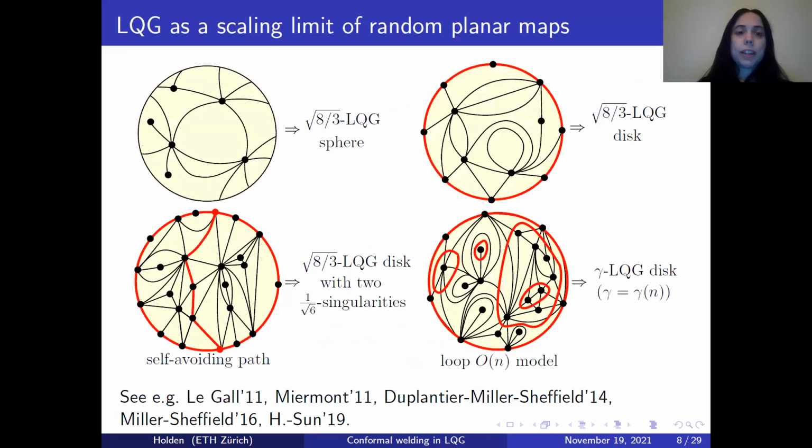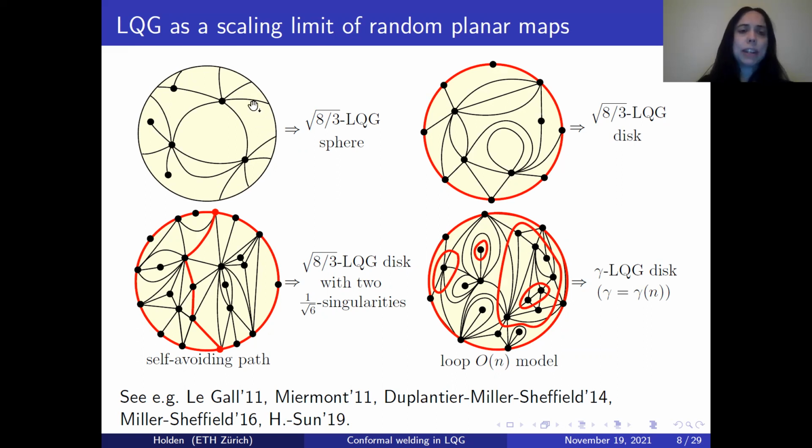In this talk, we are particularly interested in the variants of LQG that arise as the scaling limit of random planar maps. For example, in this figure, you can see a random planar map on the sphere.